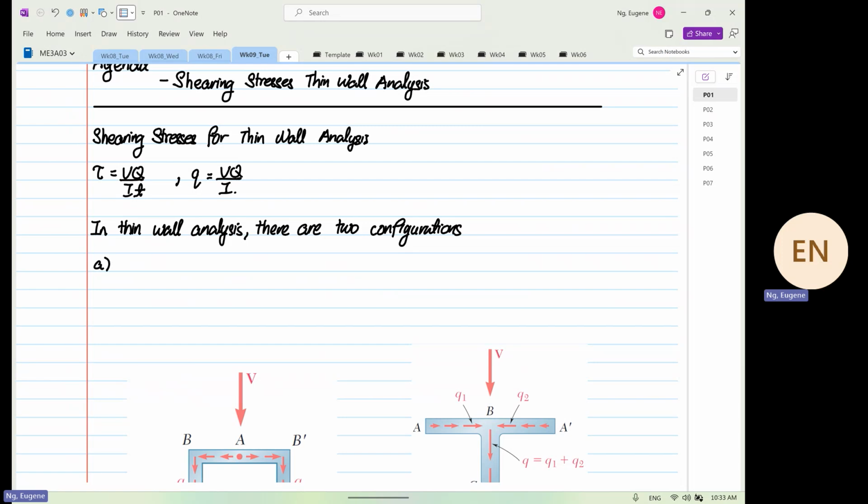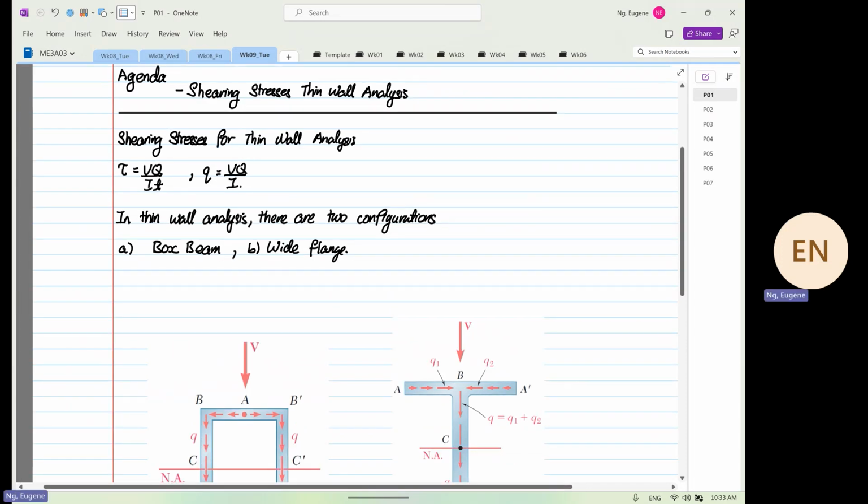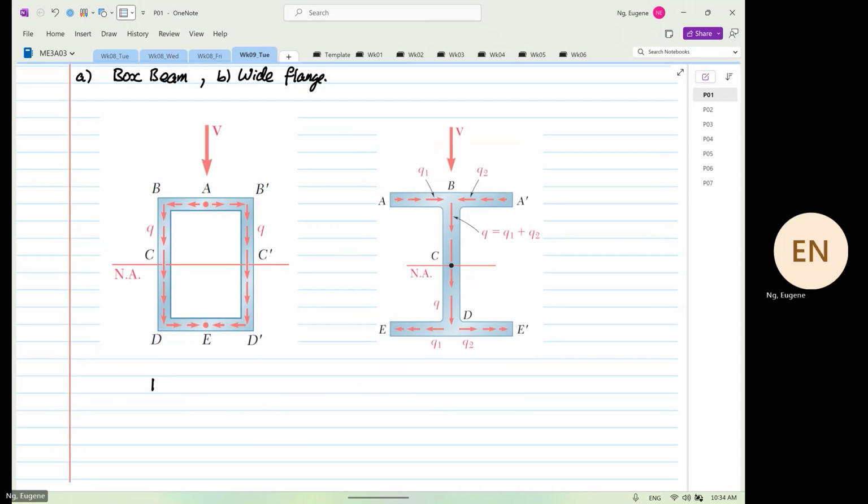The first one is known as box beam, and the second one is known as wide flange. You can see over here, on the left-hand side is what we call a box beam, and the right-hand side is known as the wide flange.